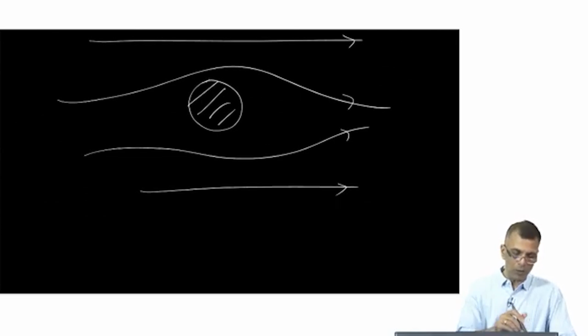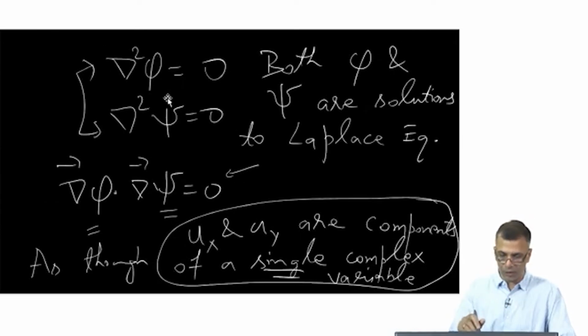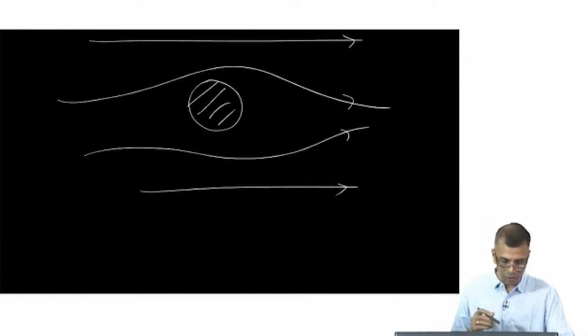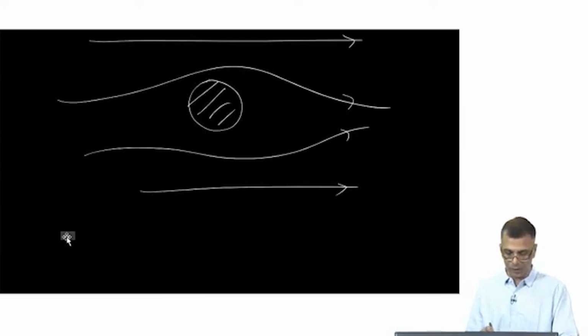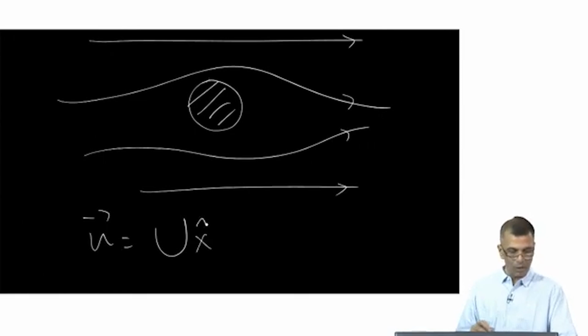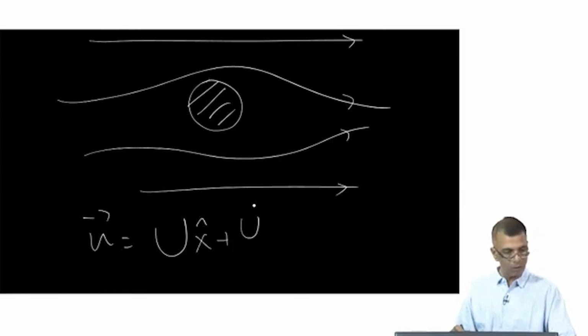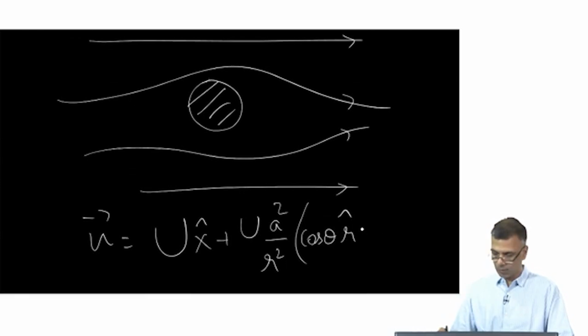And so we need two boundary conditions in order to solve for either this or this. There's a second order differential equation, so you need two boundary conditions, and these are the two boundary conditions. And it turns out that the solution is something like this, plus u a square over r square, where a is the radius of the sphere, plus.